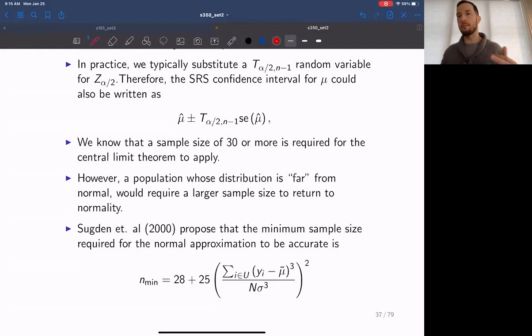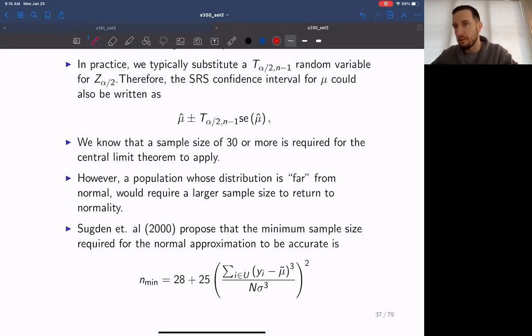In some cases, if you have a very small deviation from normality in the population distribution, you don't need 30 observations in order for the sampling distribution to get back to normality. You could collect samples of size 5 or size 10, and you will see that the sampling distribution in those cases looks very normal. But in other cases, you can be extremely far from normality.